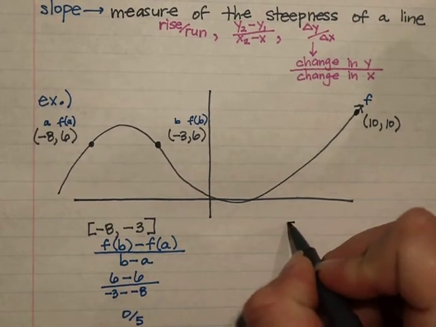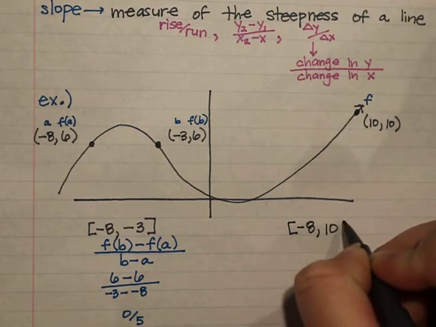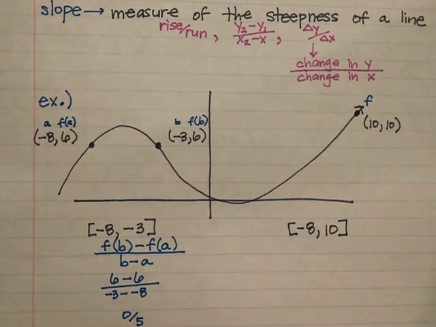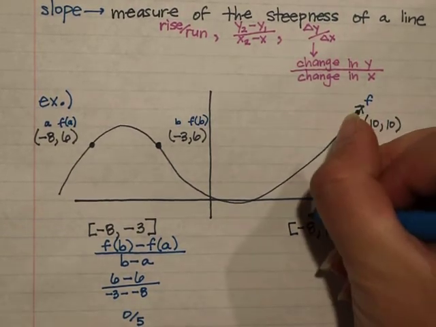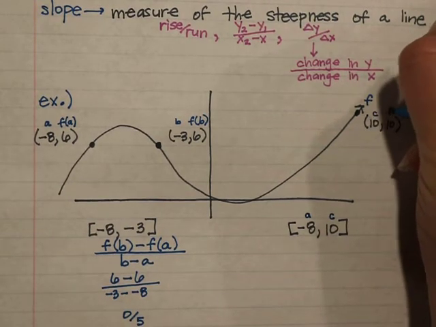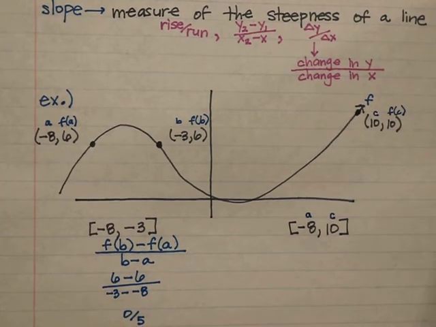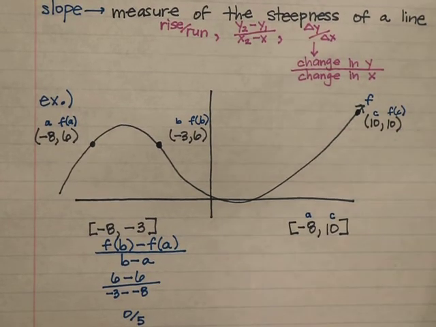The other interval I wanted to look at was, let's look at -8 to 10. Now I'm just talking about the x parts when I'm writing these intervals, right? So this is an interval a to c, so I'm going to call this point c and f at c. But for intervals, I tend to just use the x's, and then the y's just kind of come along for the ride.